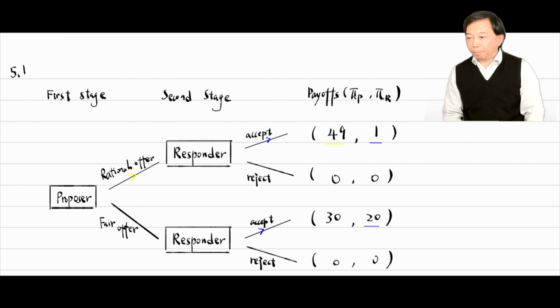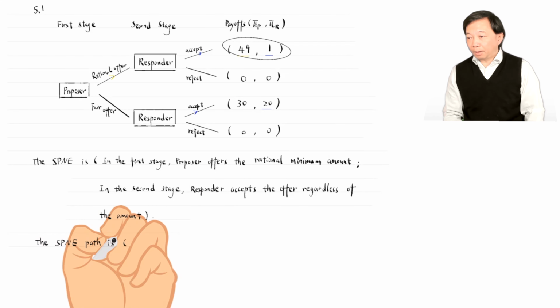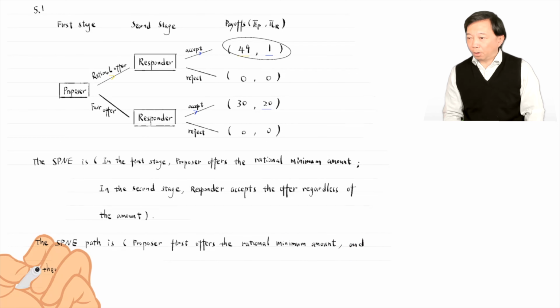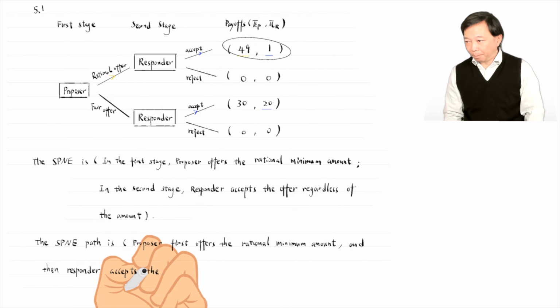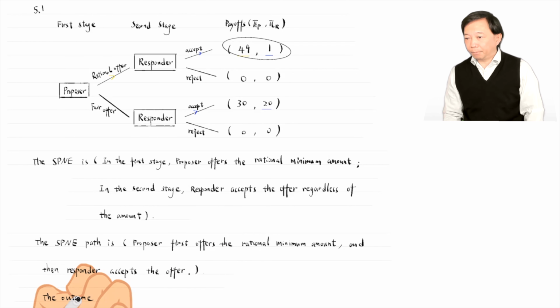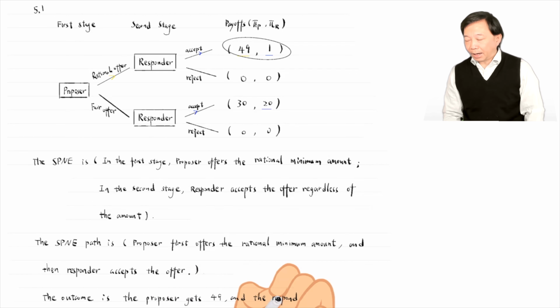We underline her payoff 49 and add an arrow on the path. The subgame perfect Nash equilibrium path is that the proposer first offers the rational minimum amount, and then the responder accepts it. The outcome of the game is that the proposer gets 49 and the responder gets 1.